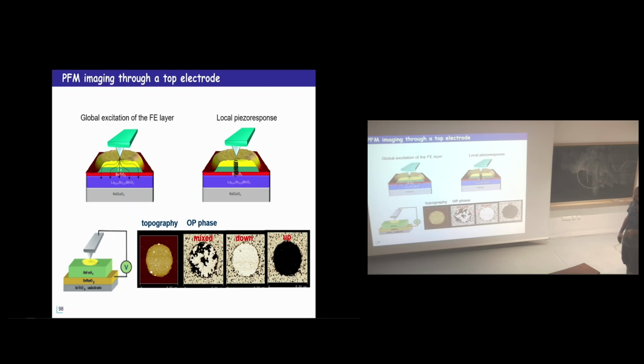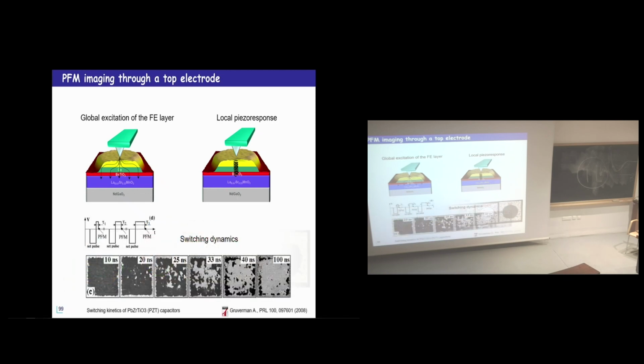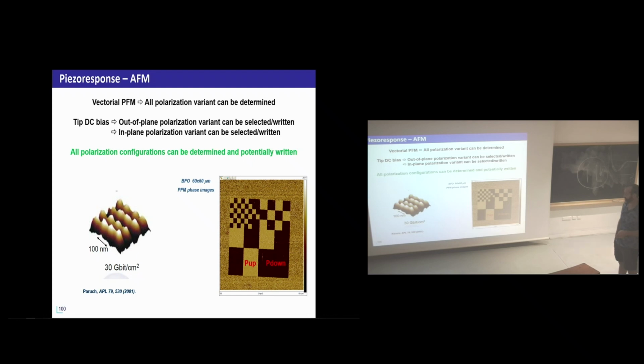Instead of applying DC voltage to make it up or to make it down, you can use pulses to reverse just partially, and you can come back too. But you cannot make a drawing, of course. Okay, and with this kind of measurement, for example, you can study the switching dynamics of the PZT capacitors.